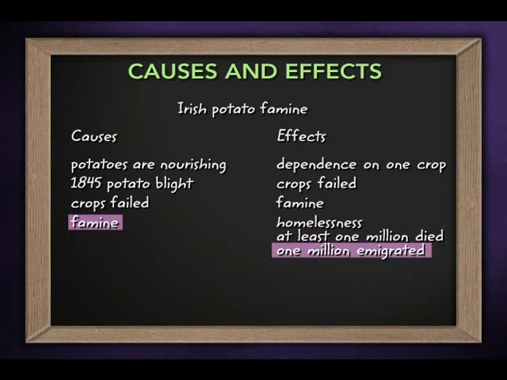They left Ireland, many of them came to America. So my effects under famine are homelessness, 1 million people dying, and 1 million people leaving Ireland. So I've sorted my causes and my effects. I've recognized that some effects can also be causes, and I've recognized that some causes have multiple effects.